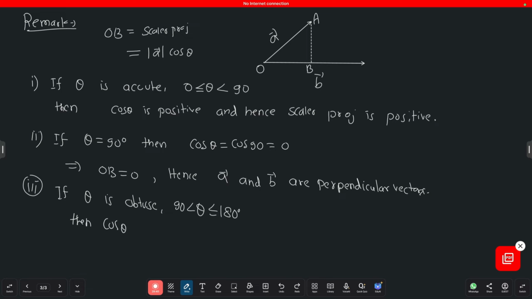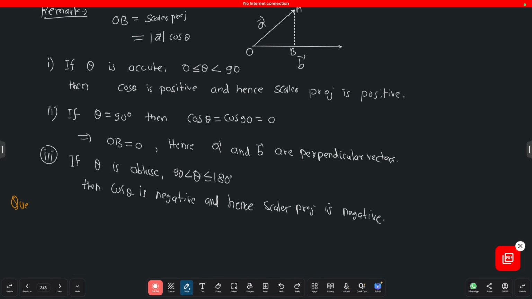Then cos theta is negative, and hence the scalar projection is negative. Then projection.